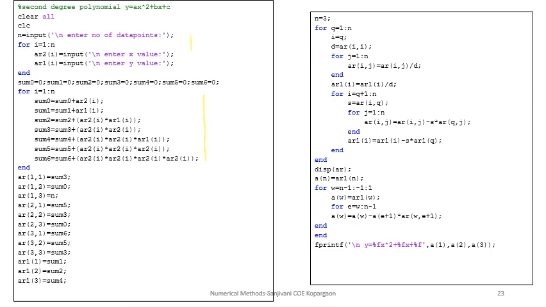Again the program is the same. First you need to take the values from the user, then the second loop is for finding out the required variables. Then this is initiation. Then this loop is for the Gauss elimination method. First we initiate the array AR.